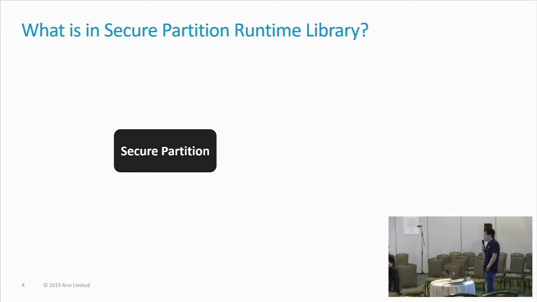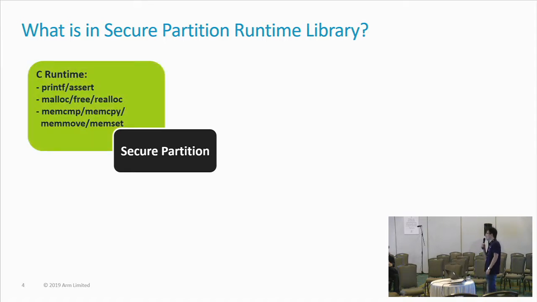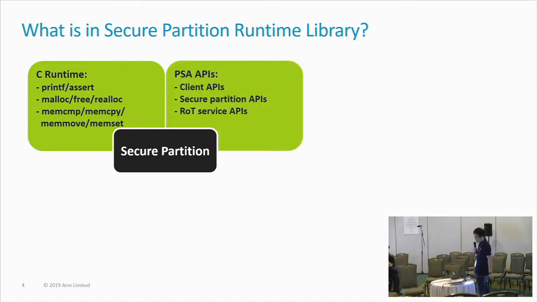When a secure partition is processing, it needs more interfaces than its own interface, and we can divide those interfaces into four parts. The first part is the C runtime. It includes printf, assert, the heap operator interface, and the memory operations interface. The second part is the PSA APIs. The client API and the secure partition API are mainly used to communicate with SPM for applying for services and handling input.